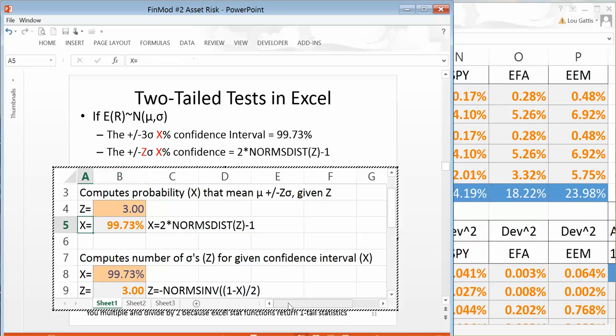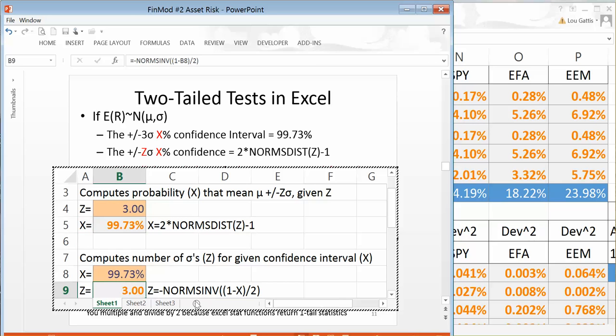the confidence interval is given by this formula here, 2 times NORM.S.DIST of Z, minus 1. The reason we have to multiply by 2 in this equation is that Excel's statistic is a one-tailed test, and we're looking for a 2-tailed confidence interval. So Excel can tell us that we should be 99.73% confident that a normally distributed variable will be between plus or minus 3 standard deviations.